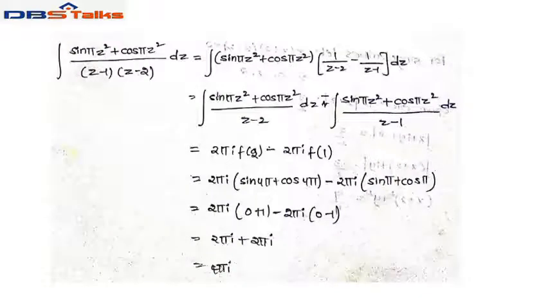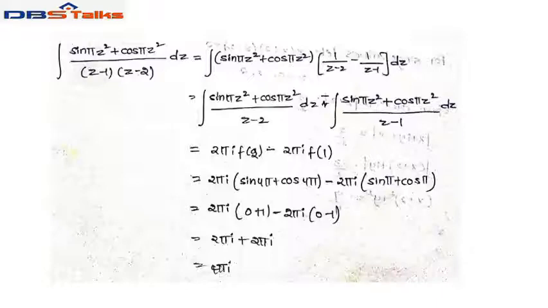So, the given integration is the integral of (sin pi z square plus cos pi z square) by (z minus 1) into (z minus 2) dz. Now we have to write it in the form of integral f of z by (z minus a) dz.